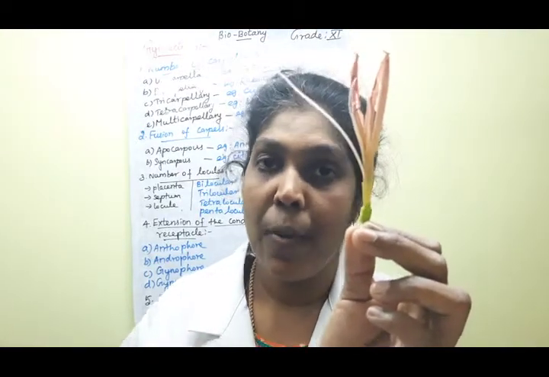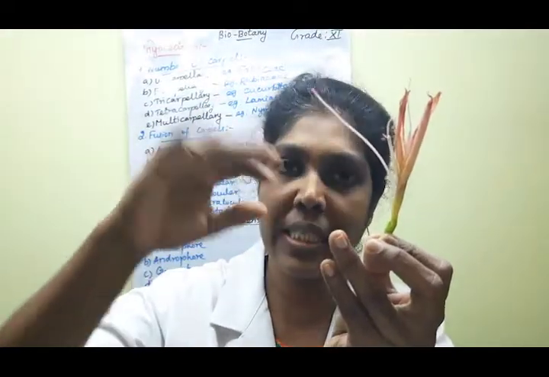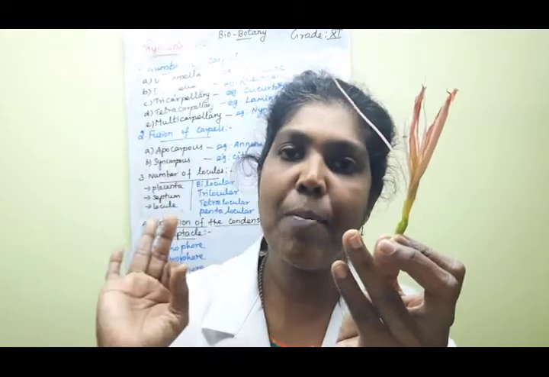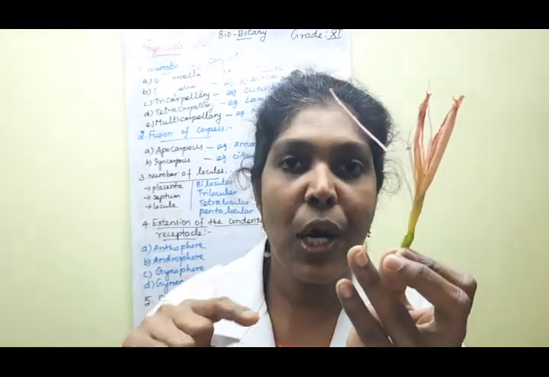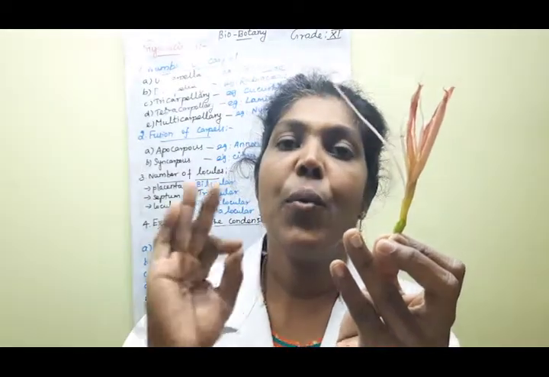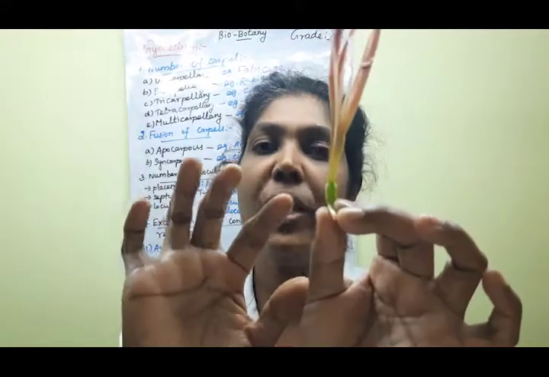Clear, children? So all of you listen. This is the ovary position. All the floral parts arise from the base of the ovary, that is sepals, petals or stamens. That is called a superior ovary. Now, what do we mean by inferior ovary? This is one of the good conditions.